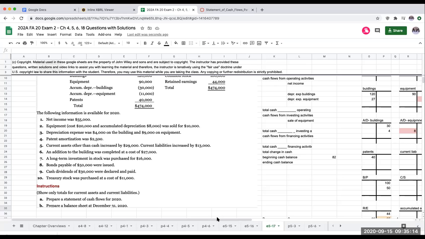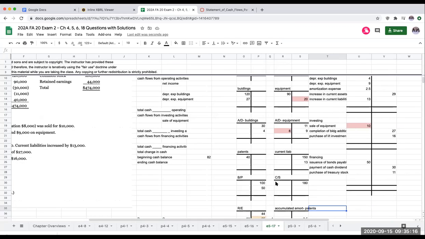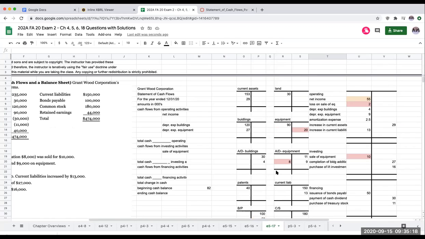So what I'm going to do now, in order for me to go through and do this, is I believe I've actually got most of this down. So here for my current assets, I have 182. For my land, I have 30. Nothing's happened there. My buildings, I already have 27. Now, from the statement of cash flows perspective, we already have done this.